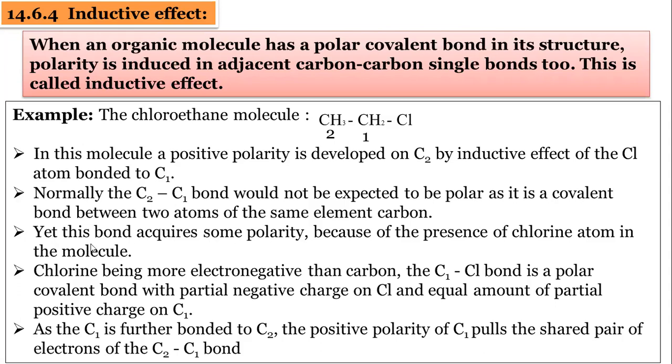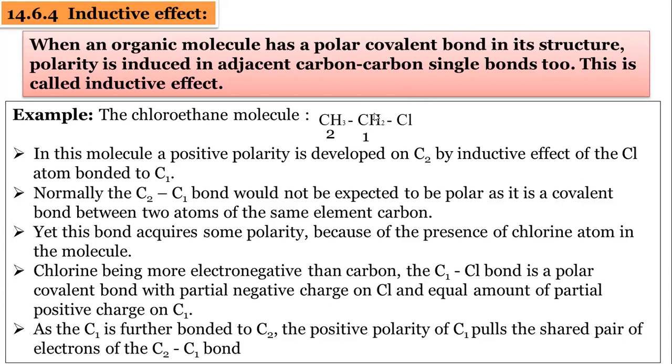ठीक आहे. This bond acquires some polarity because of the presence of chlorine atom. हे सगळं कशामुळे होते? Why is this happening? Because of this chlorine. Chlorine being more electronegative than carbon, the C1-Cl bond is already polar.